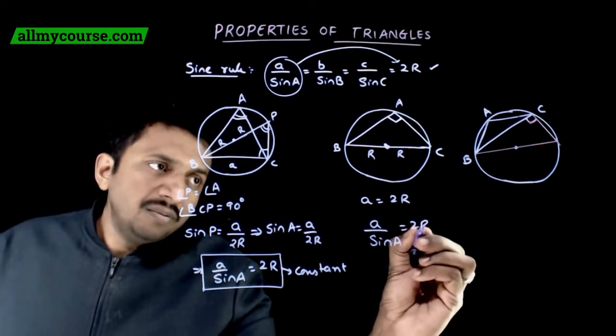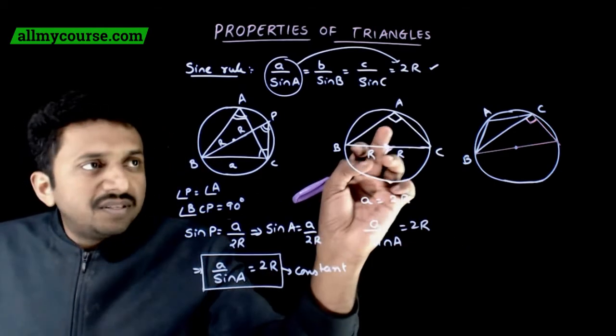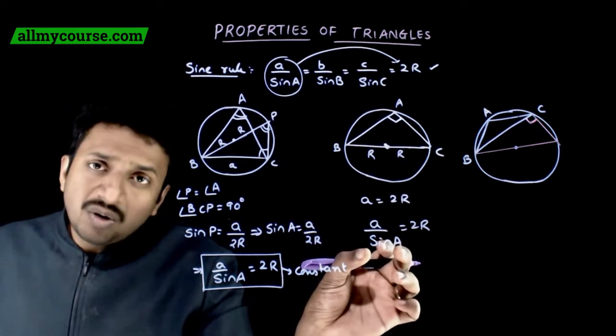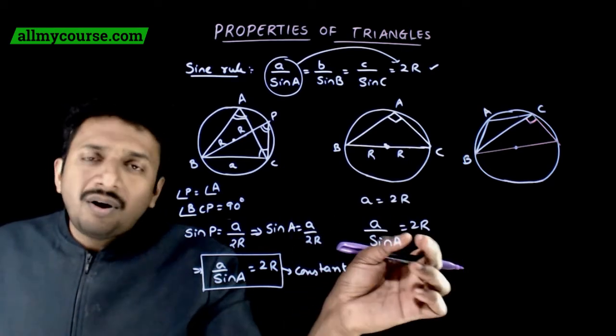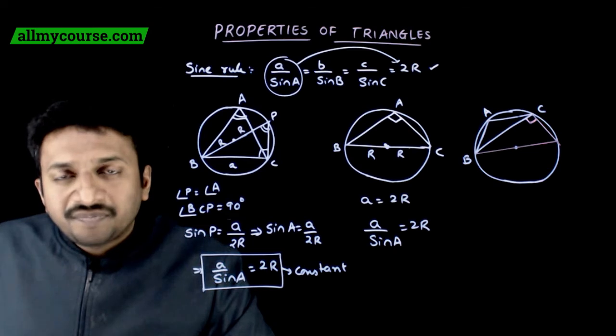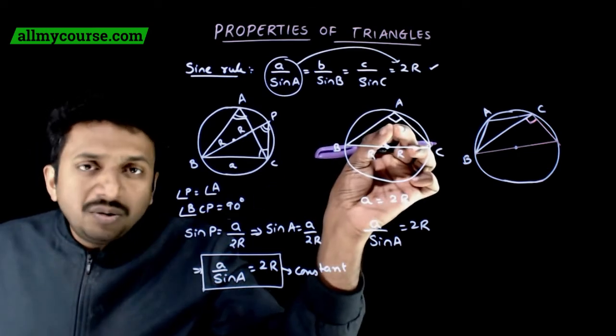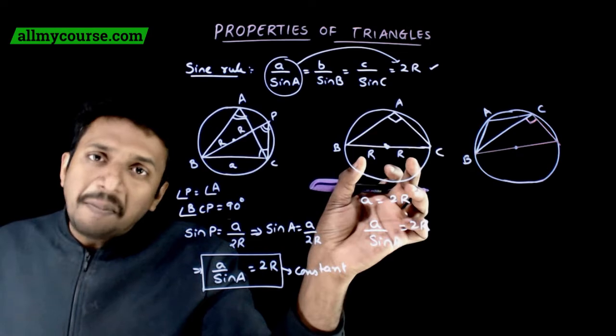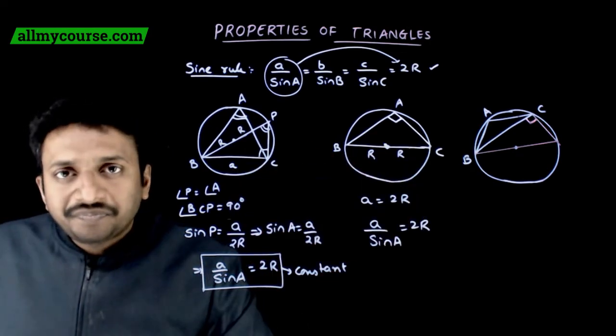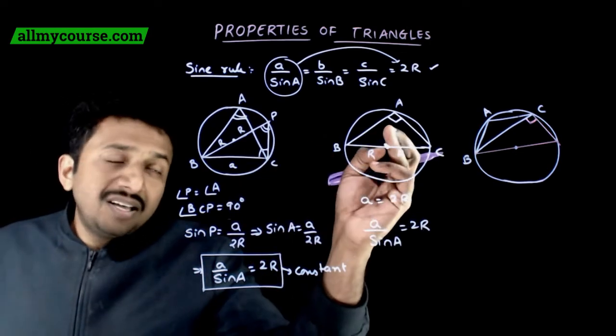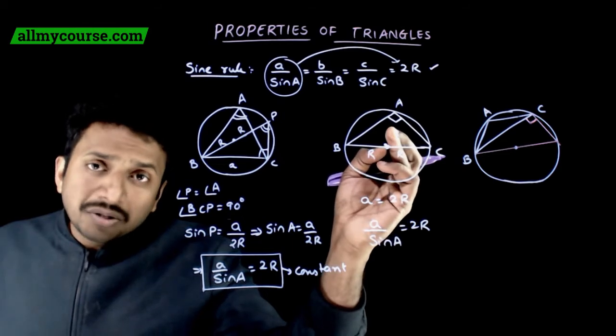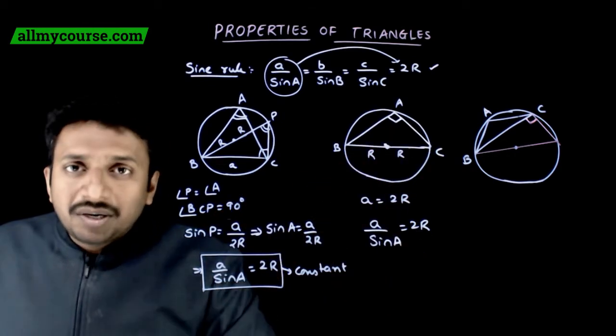Because if this is 90 degrees, sine A is equal to 1. So a by 1 will always be equal to 2R, because the side opposite to capital A is BC, which is equal to 2R. So that means if A is a right angle, also a by sine A will be equal to 2R.